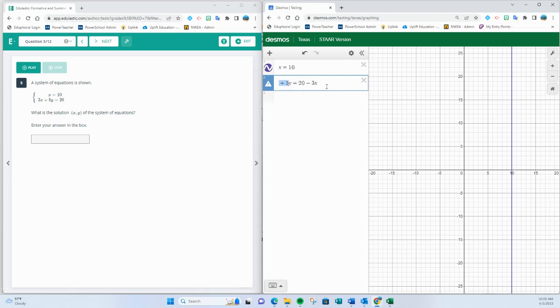Here I have a positive 5. And the great divide says I have to divide everything by the coefficient. So I moved my positive 3x to the right by making it negative. I divided by the coefficient of y.